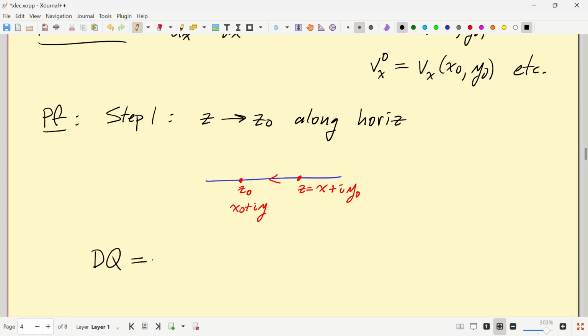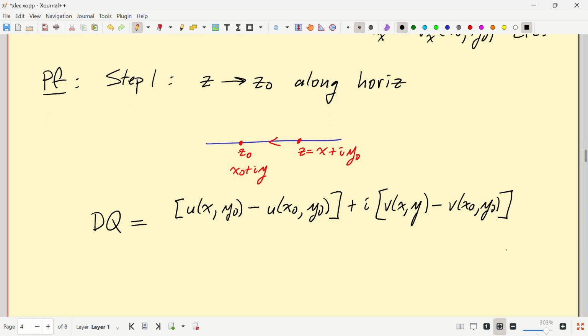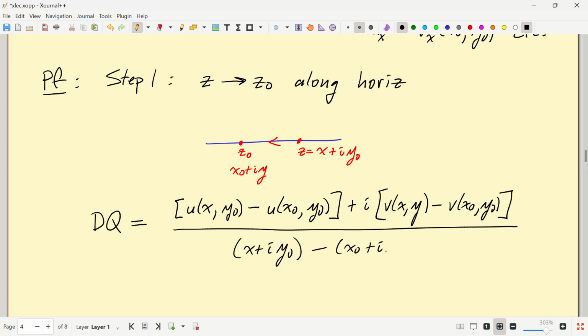So when I write the difference quotient and do exactly that, I'll do it carefully this time: u of x, y naught minus u of x naught, y naught. This is the real part. And the imaginary part, plus i times v of x, y naught minus v of x naught, y naught. And on the bottom, I'd have x plus i y naught minus x naught plus i y naught.